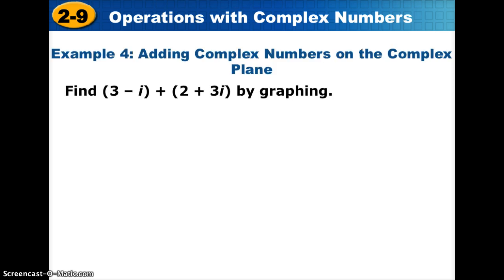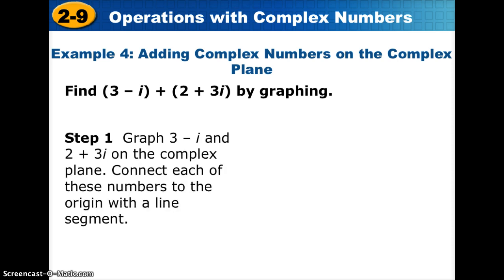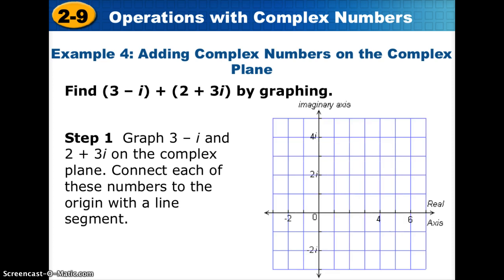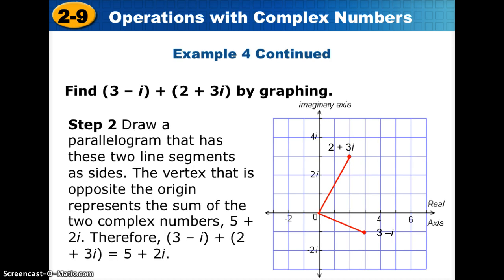But what we're going to do first is graph the two complex numbers. And after we graph the two complex numbers, we're going to make them into a parallelogram. So we start out with the two complex numbers, we draw segments to the origin, and then we create a parallelogram with those two complex numbers and 0, the origin, as the three vertices.